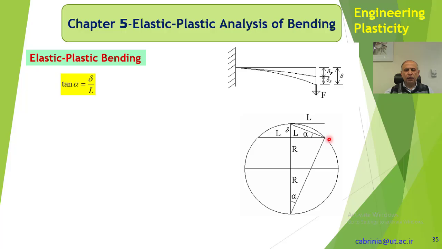So that line gives us angle alpha, and since that is L, so that should be L as well, and that is alpha as well for the geometry of the circle.